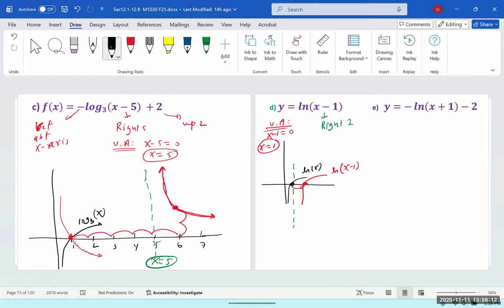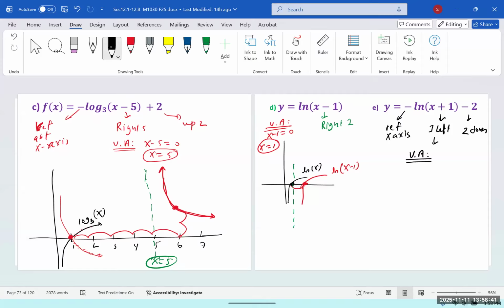Okay, any volunteer for the last one? Rahim. Reflection about the x-axis, 1 left, 2 down. That also tells you the vertical asymptote. What is your vertical asymptote?